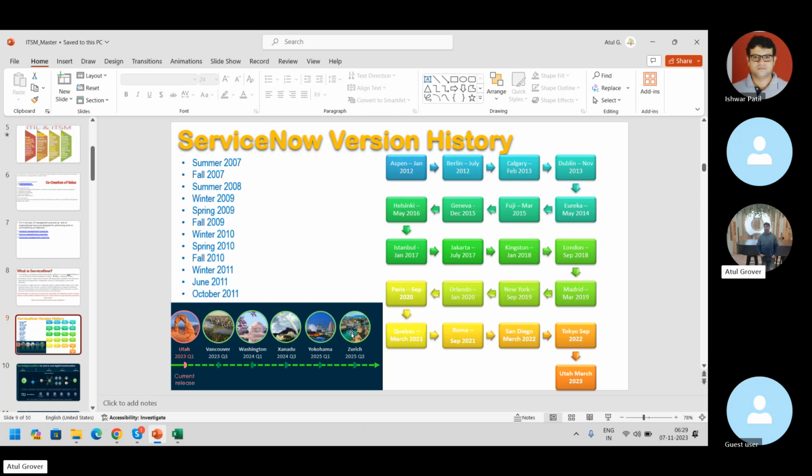Someone says no, it will start with planets. Someone says no, it will start with book names. But planets are again 9 planets mainly. It's done. Books can be a good example. Sports persons can be a good example. Celebrities can be good examples. So this is the way that ServiceNow is releasing the products.